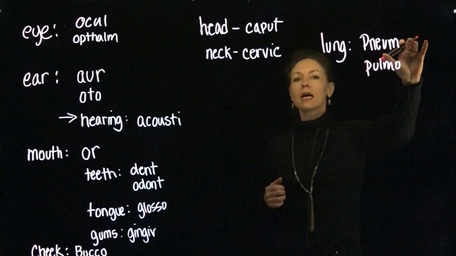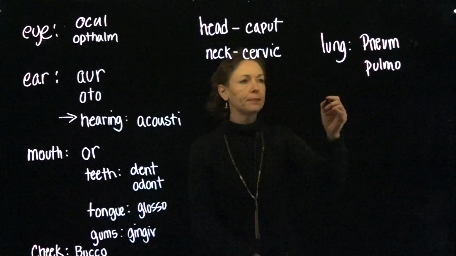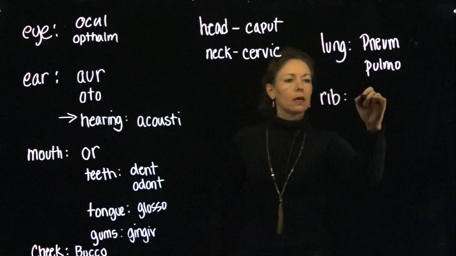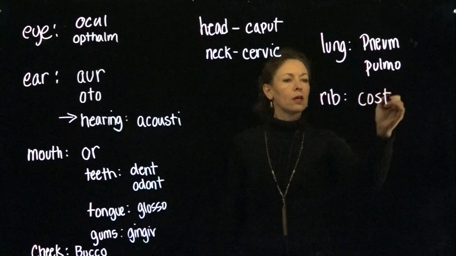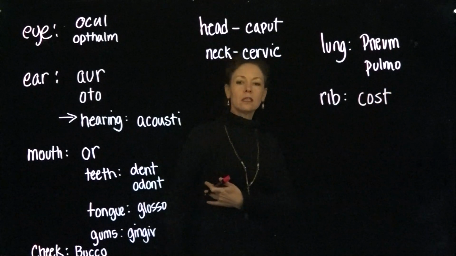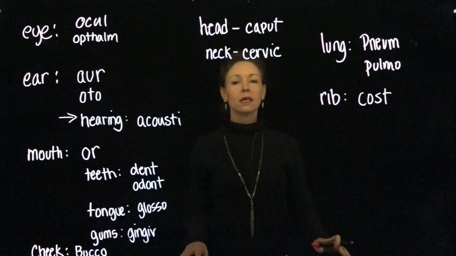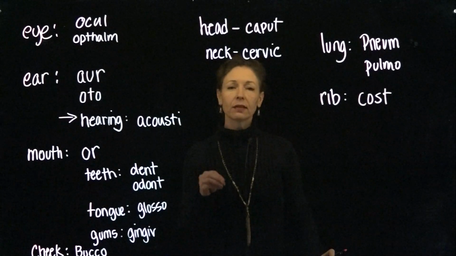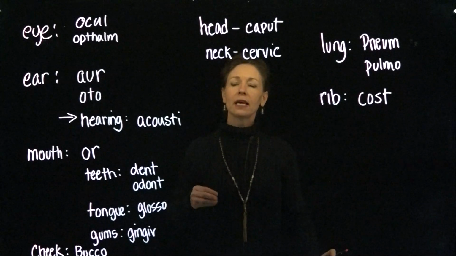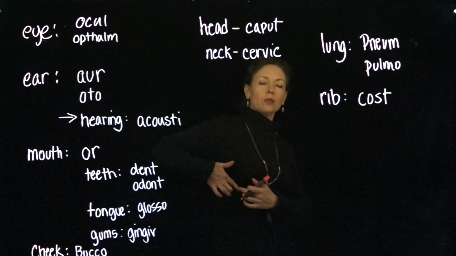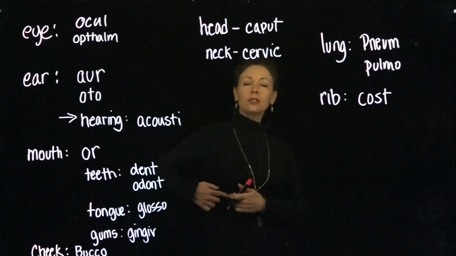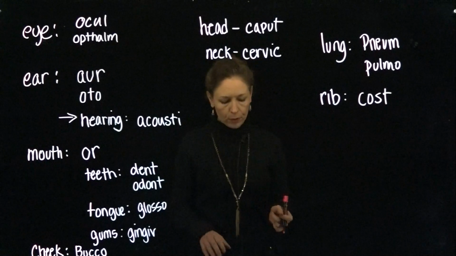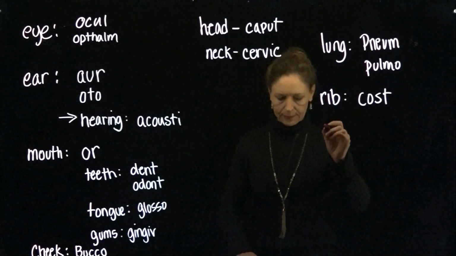Pneum, the air in the lungs, okay, pneumonia. Your ribs, cost. So we'll talk about the costal or intercostal spaces. When we're going to do the 12-lead EKGs, if you haven't already done those yet, on those 12-lead EKGs, you're going to be feeling for that space between the ribs, and I'm going to teach you to count the intercostal spaces to figure out where to put those EKG leads.